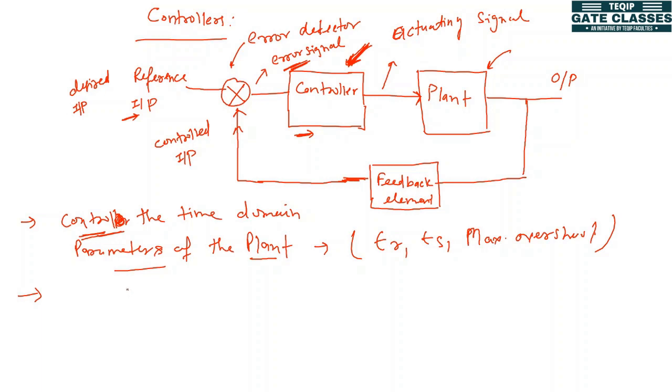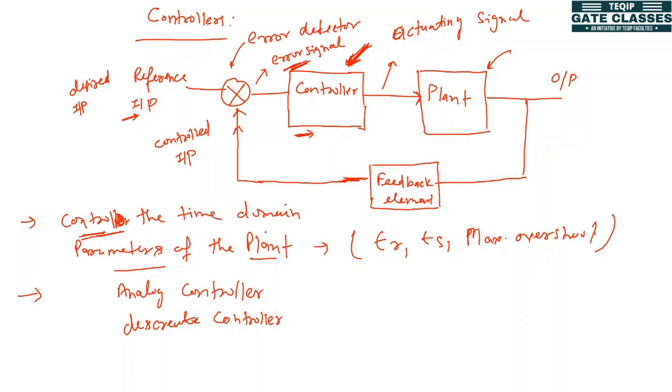If we use an analog function, then we have an analog controller. If we use a discrete function here, then we have a discrete controller, or we can say a digital controller.